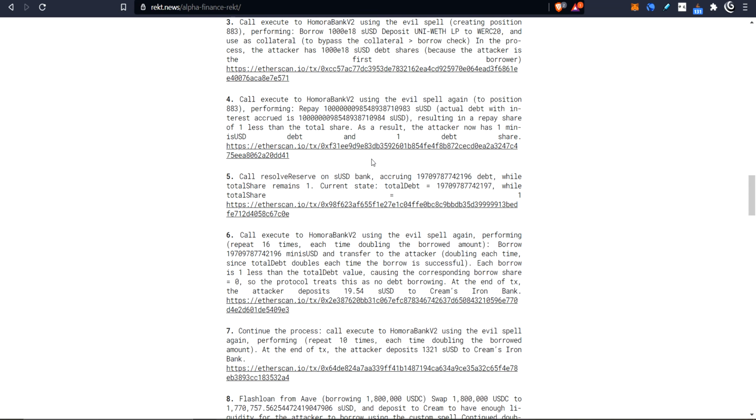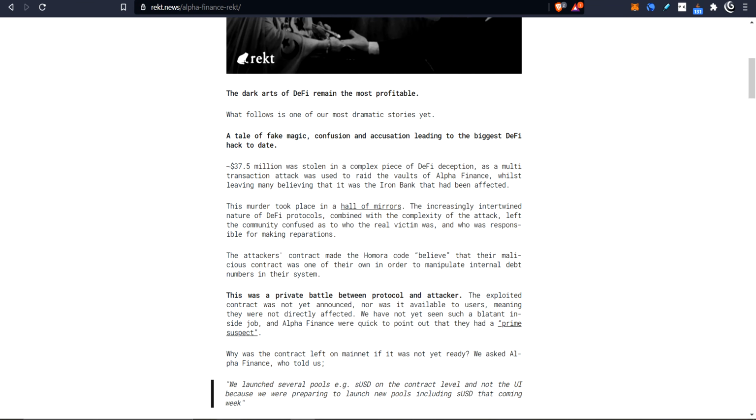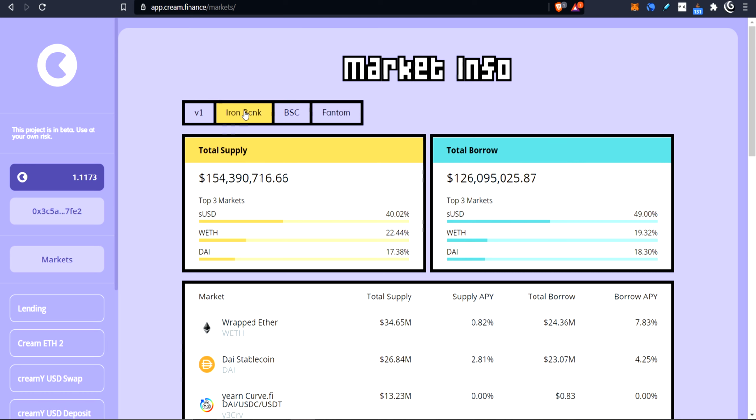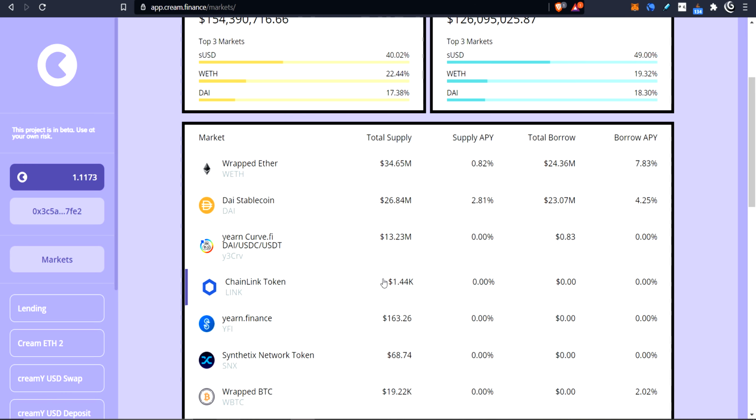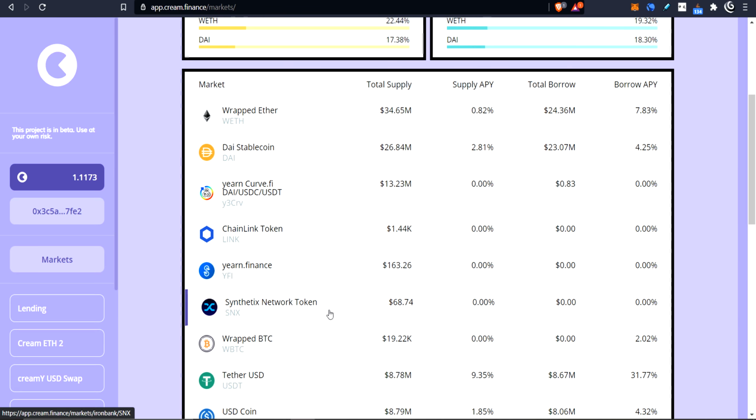In some simple English, okay? Basically, the idea of this Iron Bank is that certain protocols can borrow from this pool without providing collateral. They still have to pay the borrow APY, right? They still have to pay for what they borrow, but they don't have to supply any collateral first.